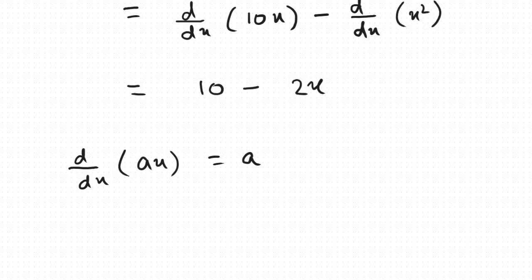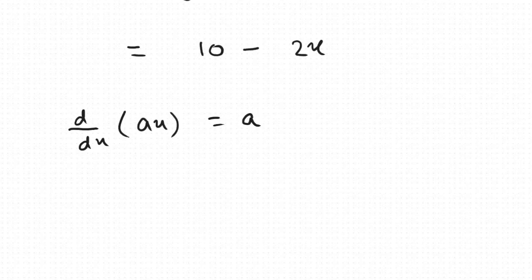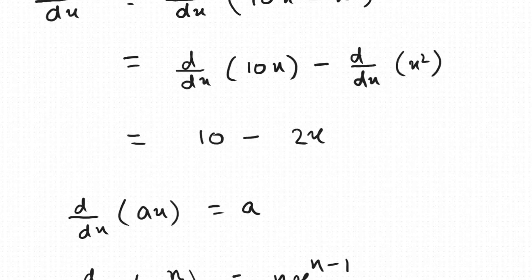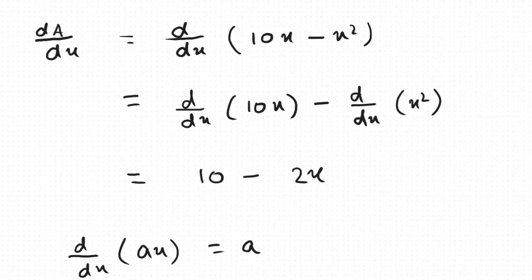So from here we get 10, and the next rule is if we get d/dx of x to the power n, we can write the result as n x to the power n minus 1. So from this rule we get d/dx of x square equals 2x. So the value of d/dx of A is 10 minus 2x. We can give it equation number 3.